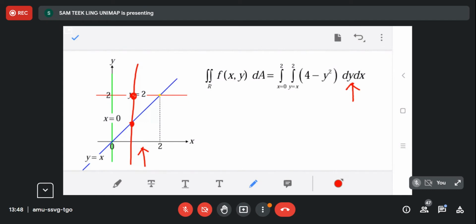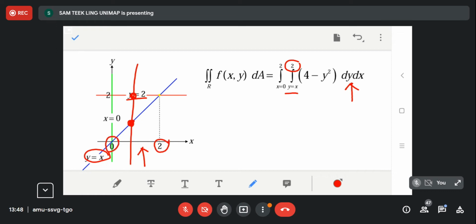So starting, you touch the blue line, so it's y equals x. So you put y equals x. So ending, y equals 2 is the red line. And last one, your x value 0 to 2. Is there any problem with this one?